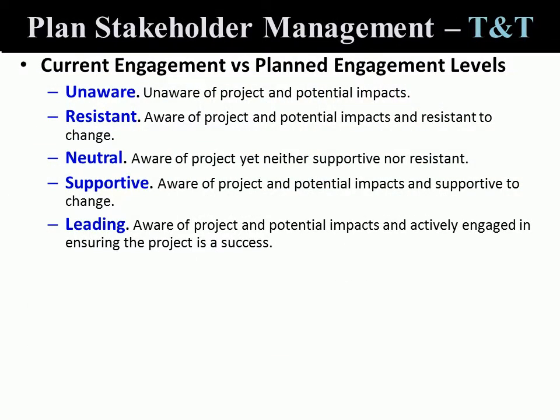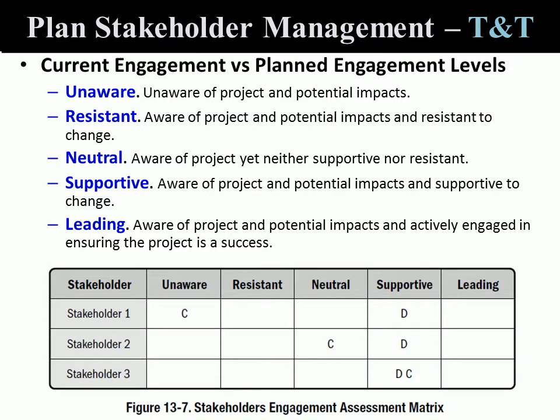So we want to look at another technique, more so a tool I should say, that is used to identify the current level of engagement of stakeholders and to influence how you would like their planned engagement levels to be. So let's say we have our stakeholders 1, 2, and 3 as shown, and we do an assessment to see what their current state is.